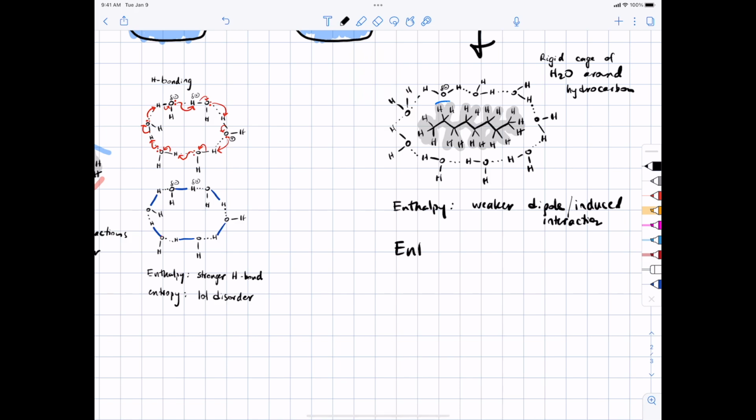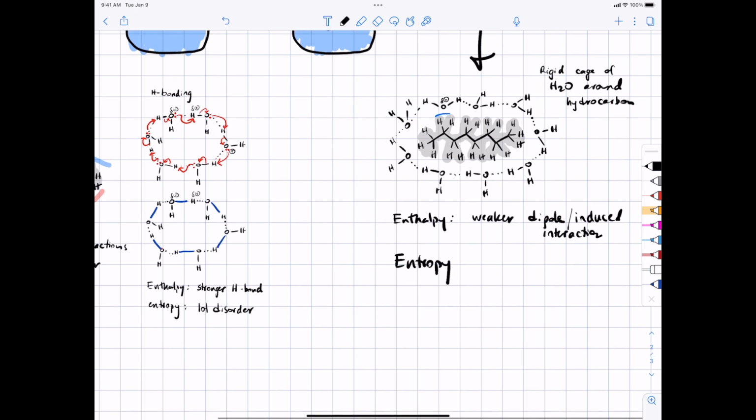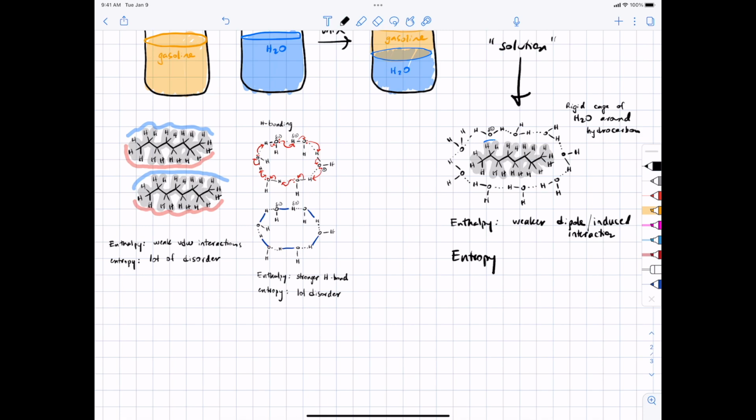And then the other thing is entropy. What do you think that comparison is? At least for these water molecules in the immediate vicinity of the hydrocarbon, what's their entropy like or disorder like relative to the way it was when they were just on their own? Should be lower, right?